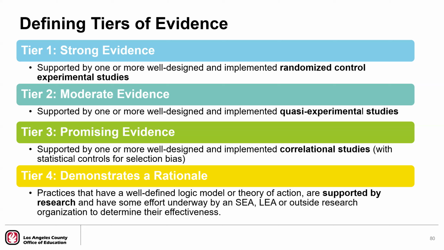Tier 2, moderate evidence. These interventions must have had at least one well-designed and well-implemented quasi-experimental study to support it. A control experiment with a treatment group was conducted. There was a group that received the intervention and a control group that did not.